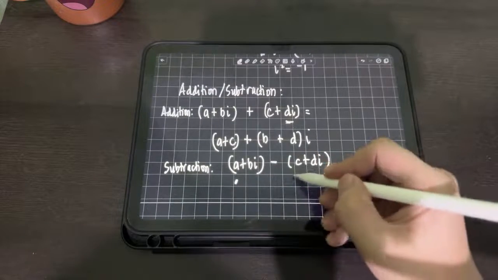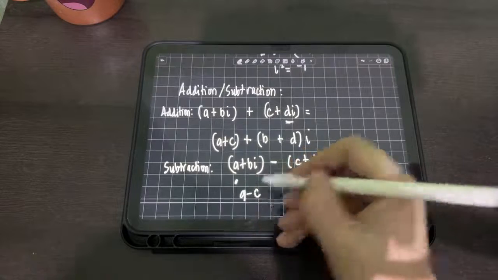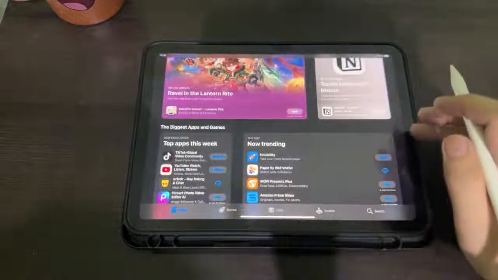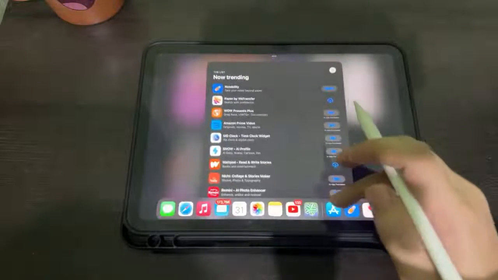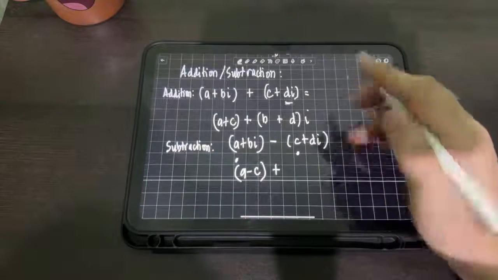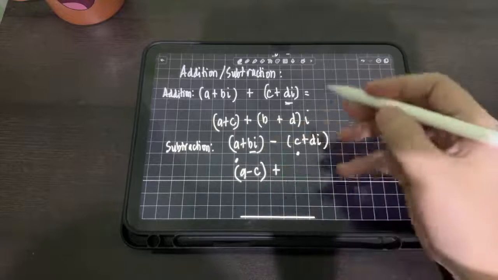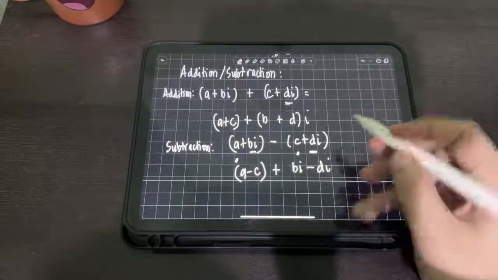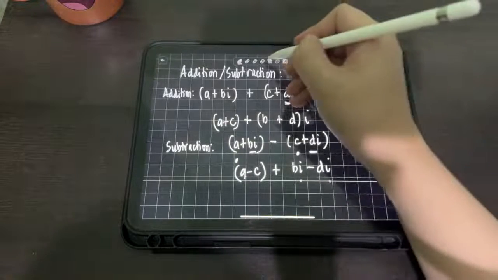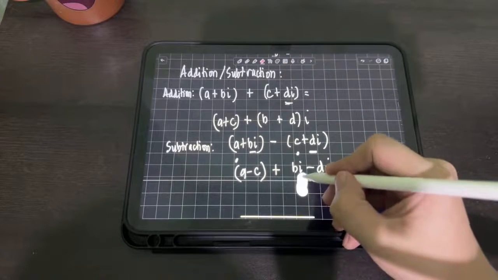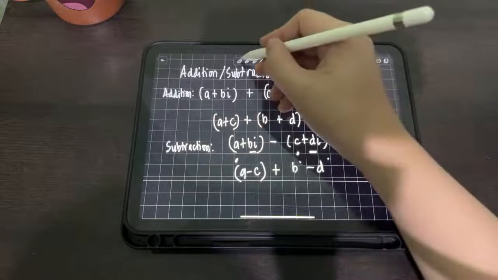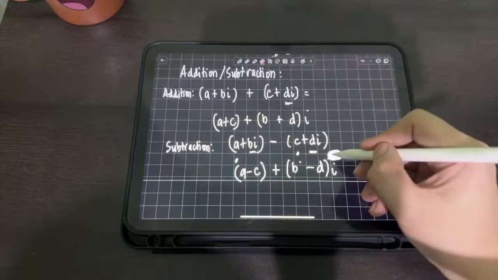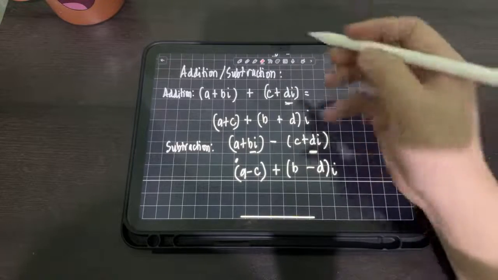For the real parts, we have a minus c, plus for the imaginary part, we have bi minus di. Again, we can factor out the i. We can have plus the quantity b minus d times i.